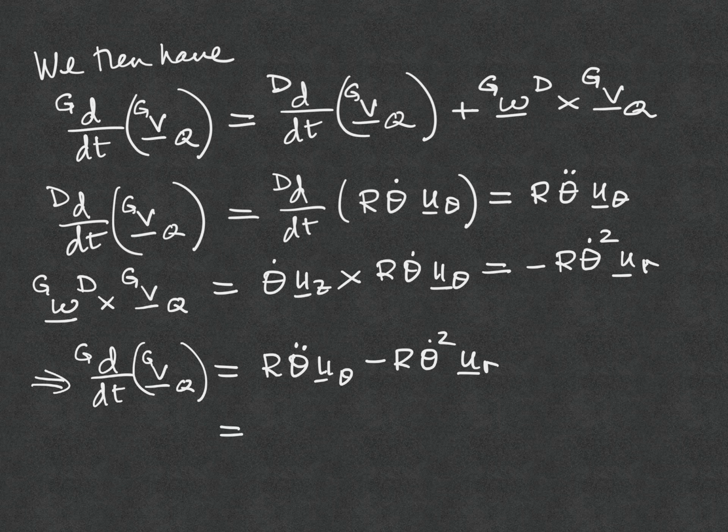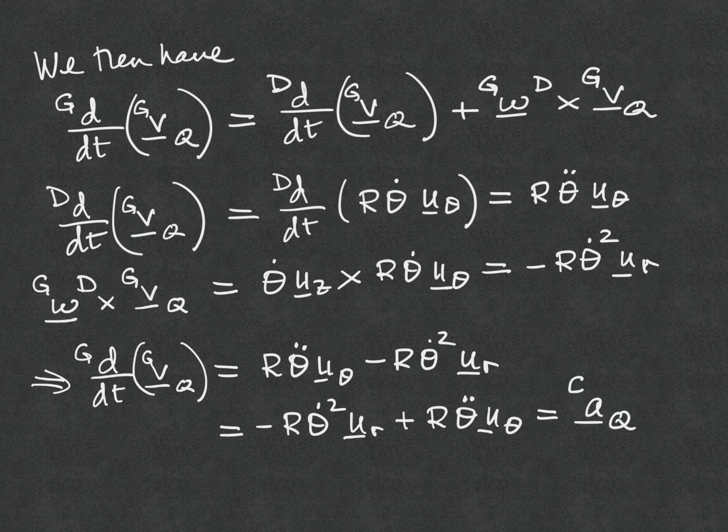So we put it back in the order of the basis, and we get minus r theta dot squared ur plus r theta double dot u theta. And as I said, this quantity is equal to the acceleration of point Q as viewed by an observer fixed to the ground. So now we've applied the transport theorem twice.